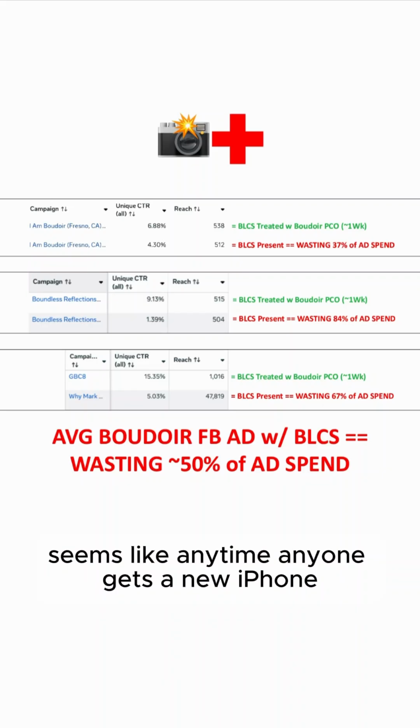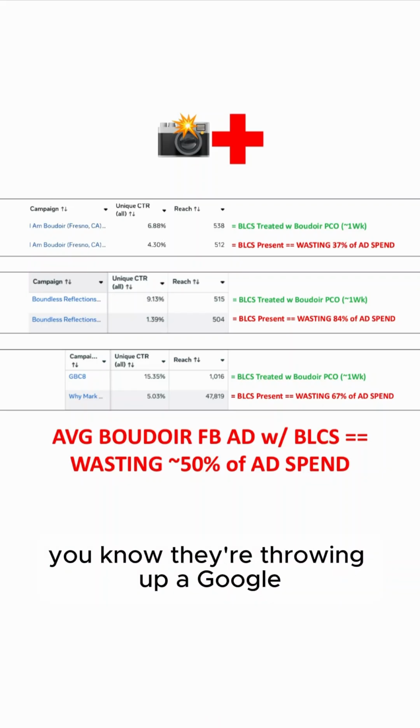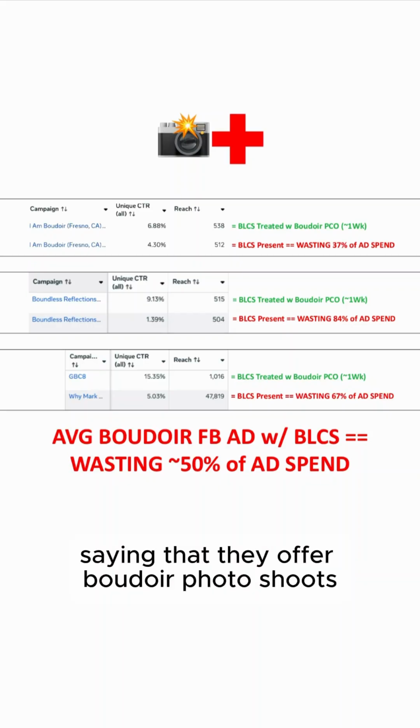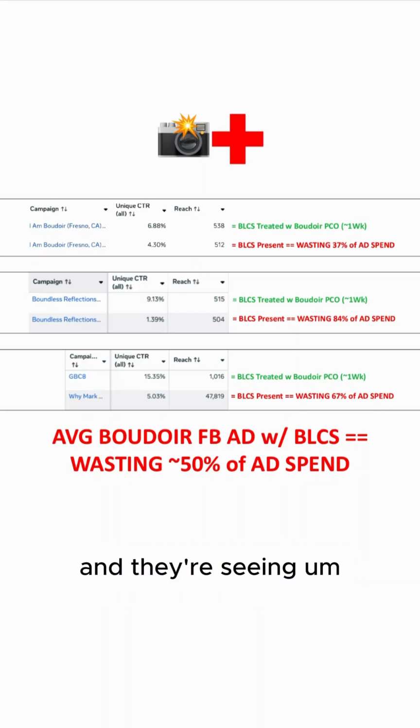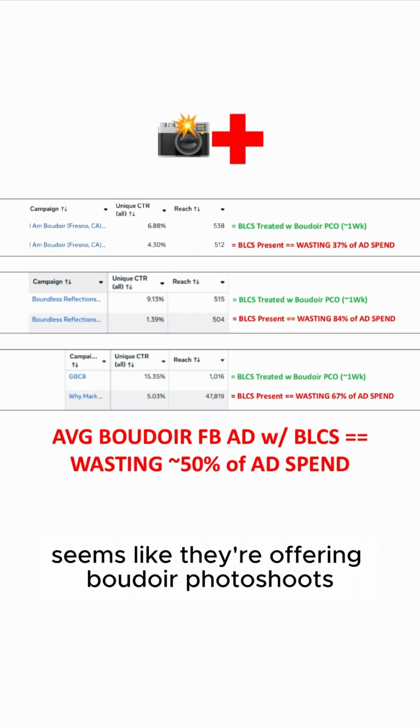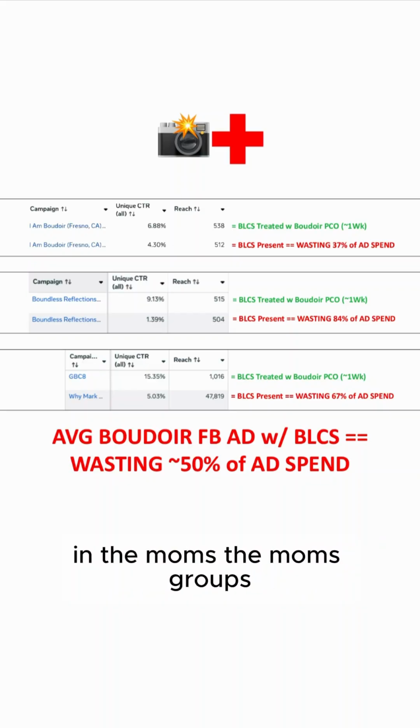Seems like anytime anyone gets a new iPhone, they're throwing up a Google My Business profile saying that they offer boudoir photo shoots, and anytime someone gets a new camera, it seems like they're offering boudoir photo shoots in the moms groups.